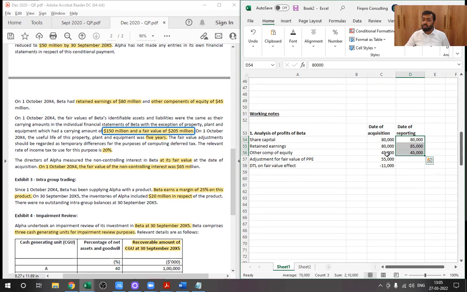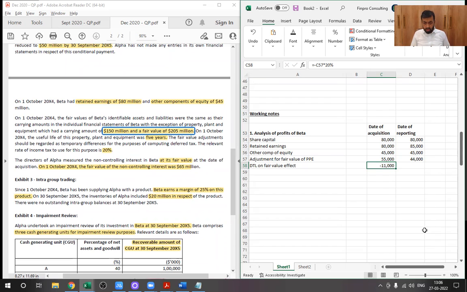I should also take this impact for the subsequent year, but after depreciation. If 55,000 has been added as an asset, I should also consider depreciation on it. So this 55,000 minus depreciation on this. Depreciation is 55,000 divided by 5, so it will be 44,000.